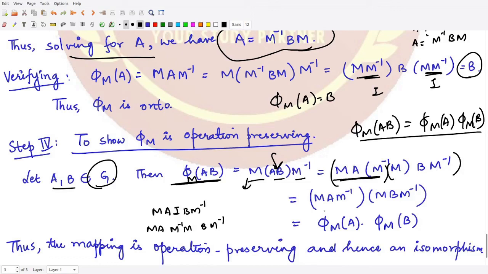The first bracket here gives us M A M inverse, which is your phi M of A, and the second bracket here gives us M B M inverse, which is phi M of B, which is your right hand side. So therefore we have the operation preserving property in this case, and hence because all four properties hold for the mapping phi, we can say that it forms an isomorphism.